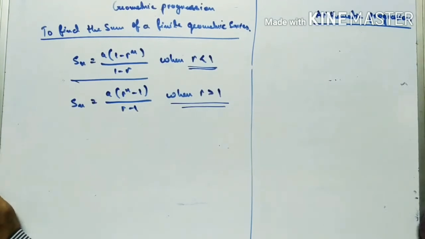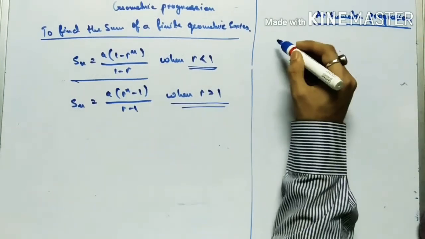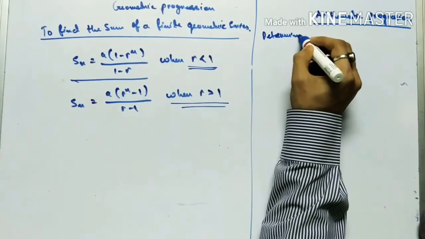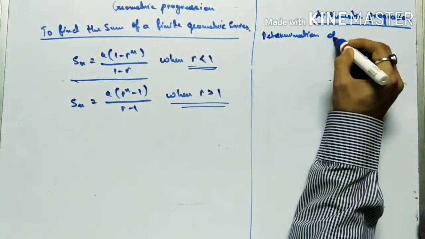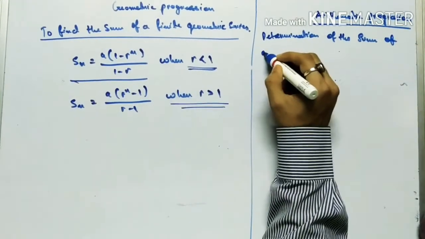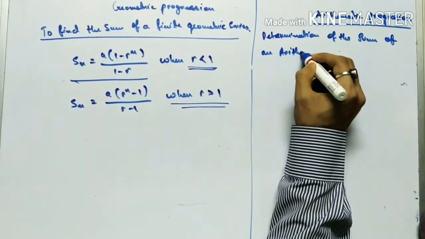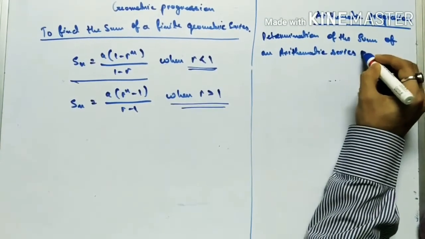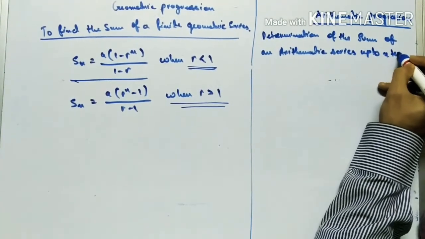And in arithmetic progression, you have already learned the determination of the sum of an arithmetic series up to n terms.